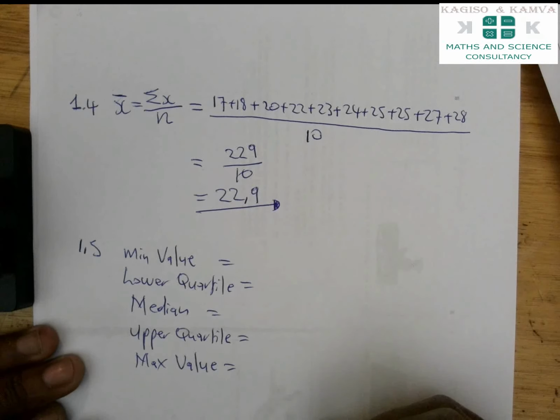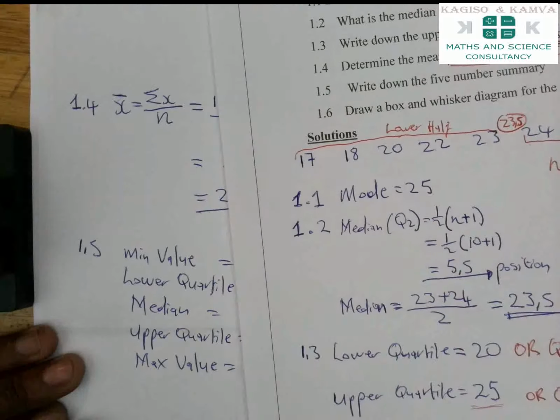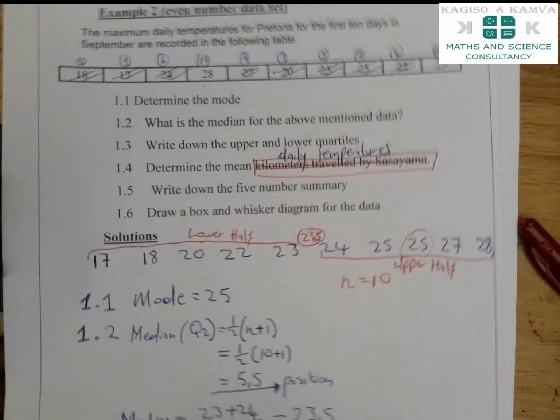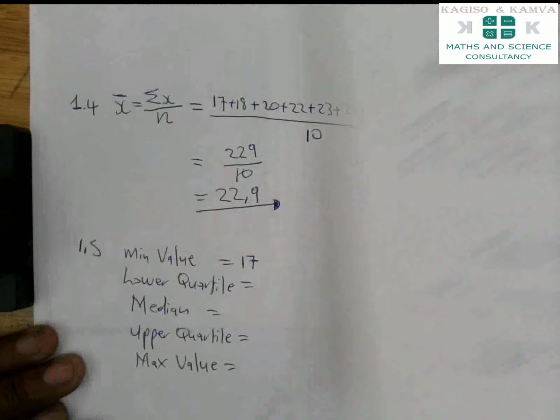The minimum value here, we've got 17. The maximum value there, we have 28.